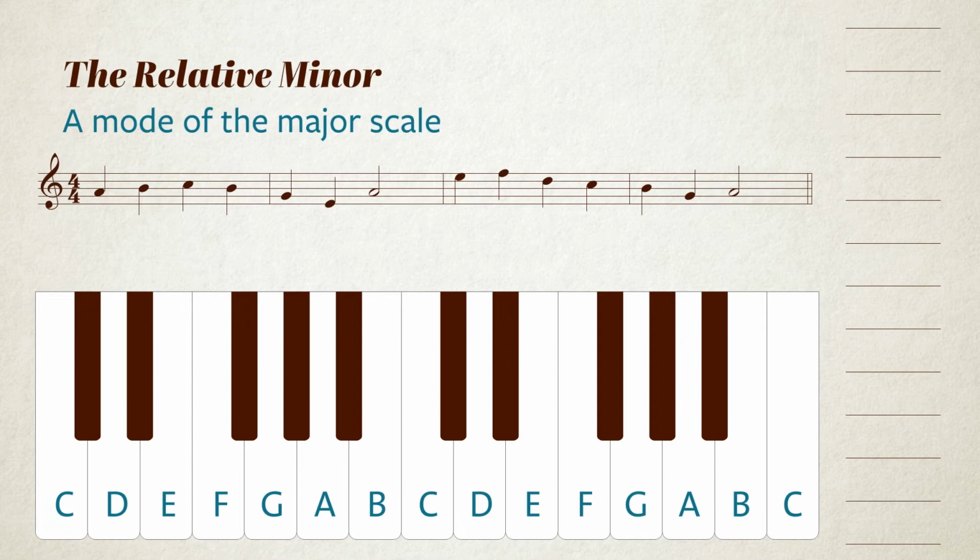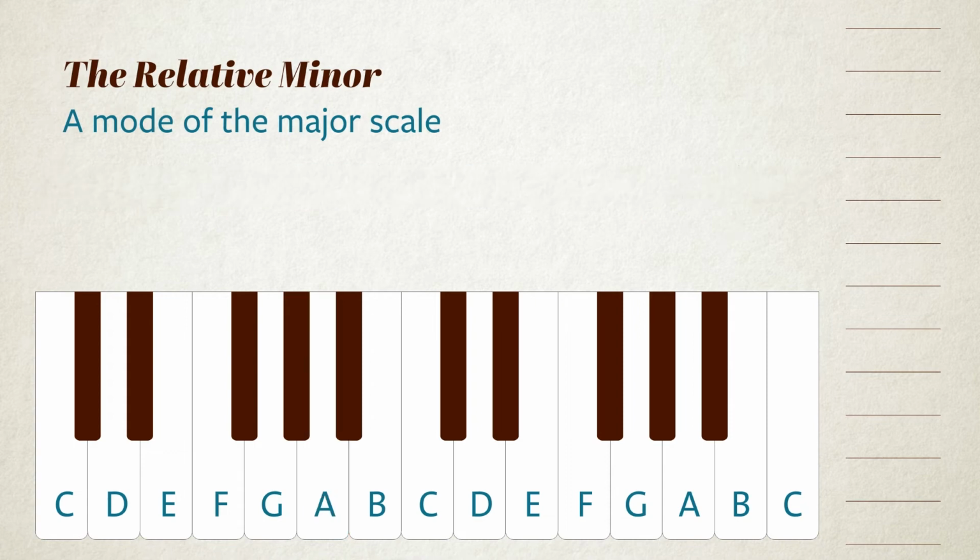The mood is often described as more sombre, or introverted, or maybe darker than a major scale. Here's that same minor melody again. Since it uses the same notes as the major scale, we say it's the relative minor.